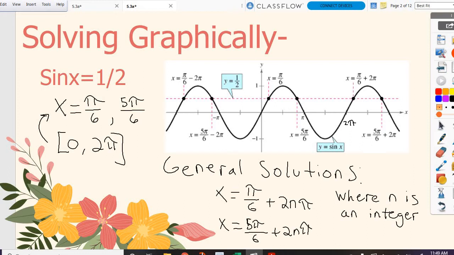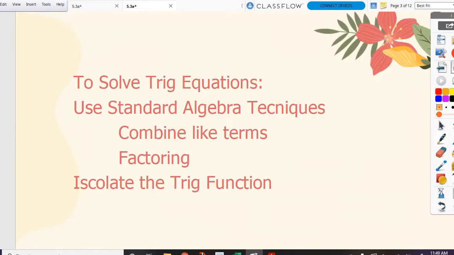So then you would just graph the left-hand and the right-hand side and see where they intersect on a graphing calculator or decimal. And I think there is one like that in your homework, so you'll just plug both of them in and then figure out where they intersect. So that's all it's asking for you. But for the most part, we will be using algebraic techniques.